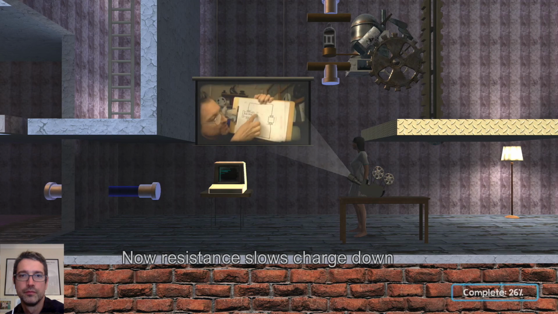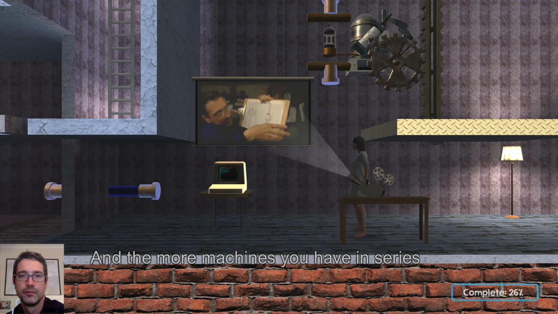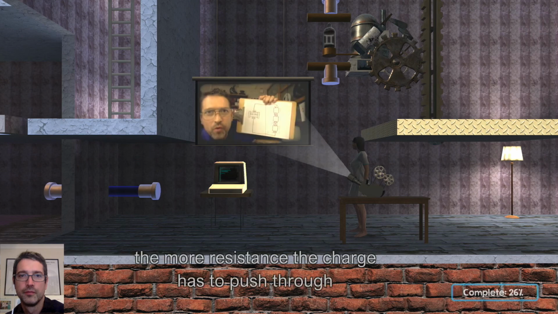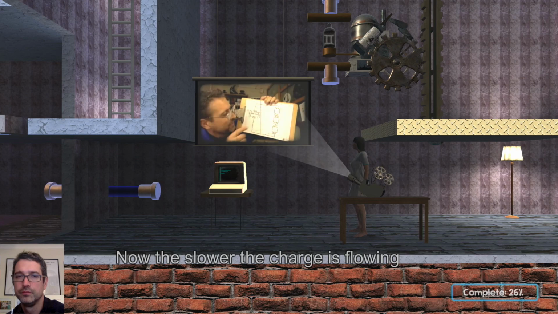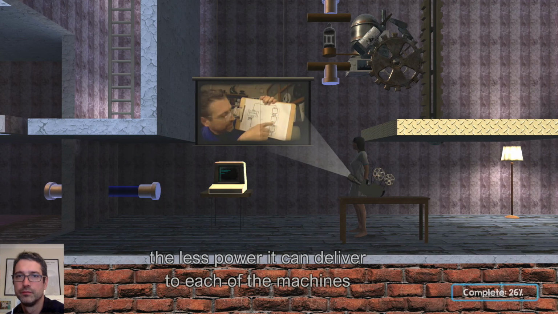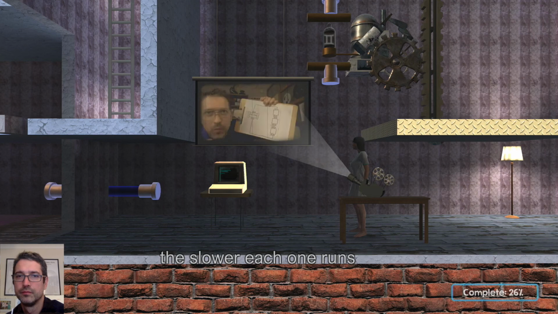Now, resistance slows charge down. And the more machines you have in series, the more resistance the charge has to push through, and the slower it flows. Now, the slower the charge is flowing, the less power it can deliver to each of the machines. So, the more machines you have wired up to a fuel cell, the slower each one runs.